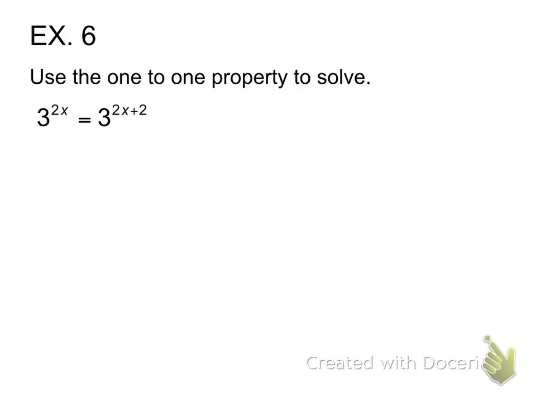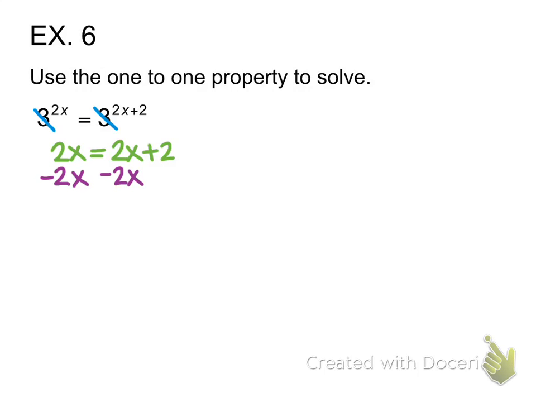Okay, number 6. Same thing, using the one-to-one property. So I have 3 to the 2x power equals 3 to the 2x plus 2. The bases are the same, so I can drop the base and set 2x equal to 2x plus 2.